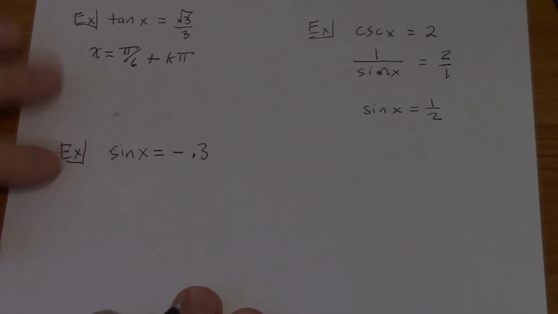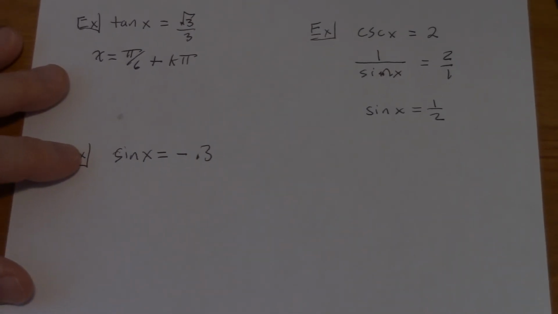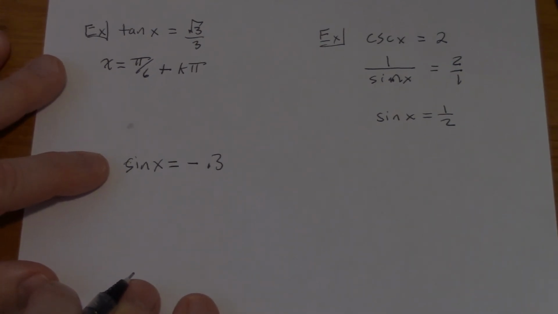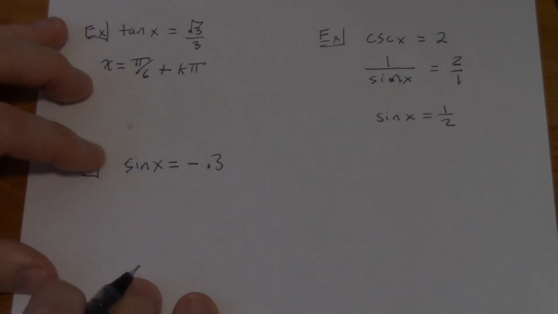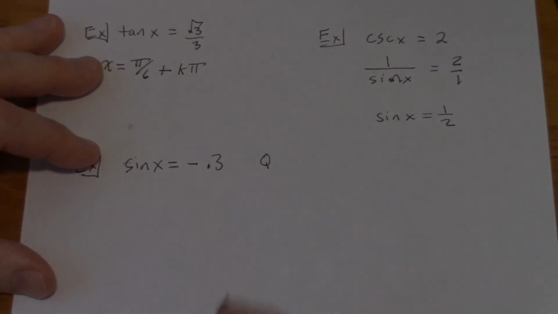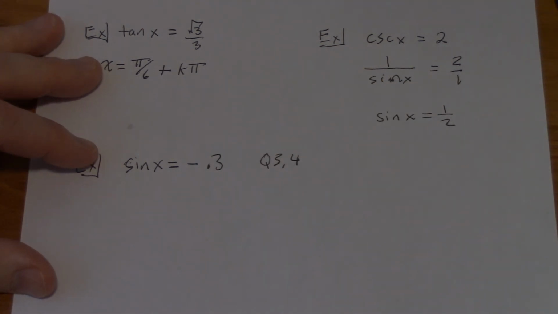Okay? And then, what if you have something that doesn't have a common value? So far, everything we've looked at, we could get an exact value for. But here, if sine of x equals negative 0.3, that's not something that's a common value for sine. We still think about it in the same way, though. So this would be sine is negative in the third and the fourth quadrant. Okay.